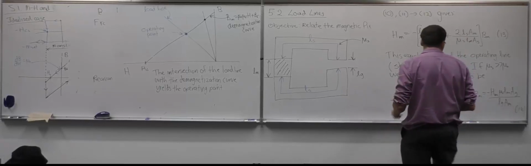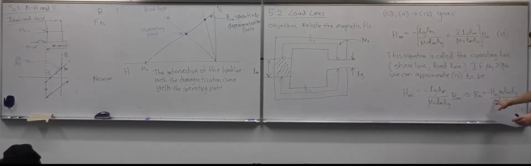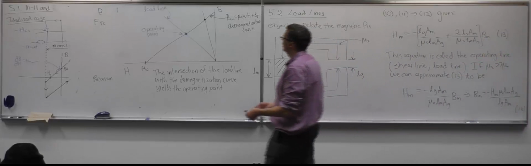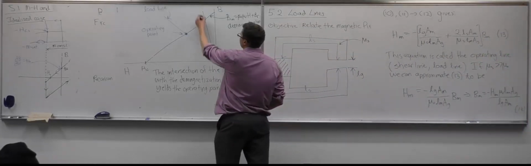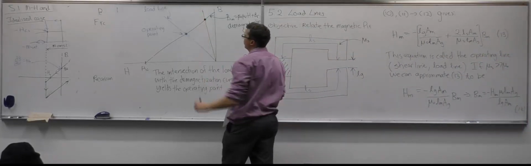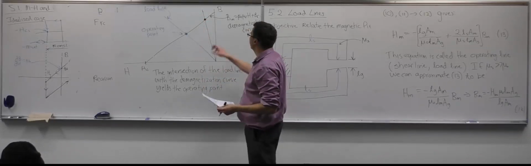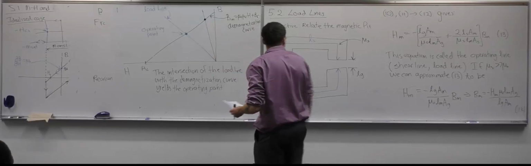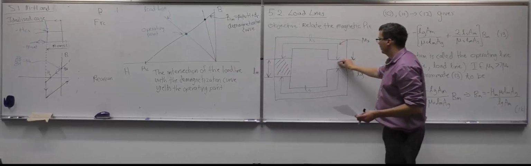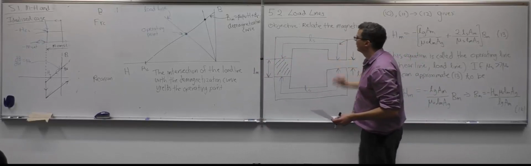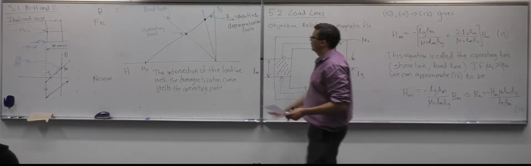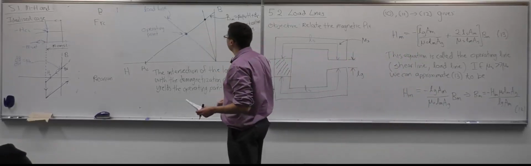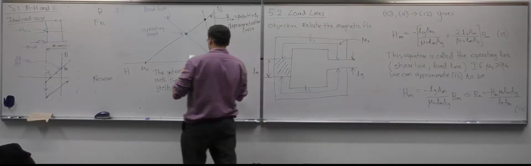So if Lg was small, then the gradient would be large, right? And so then the load line may be like this. Which makes sense, right? Because then we would have a higher magnetic flux density in the air gap, because the reluctance has gone down in the air gap.